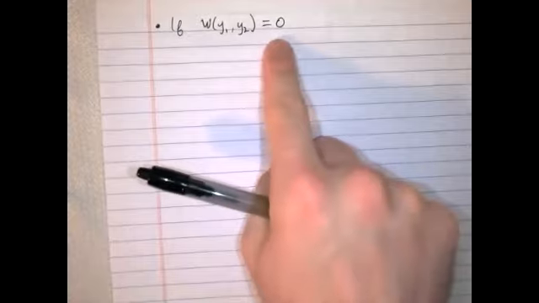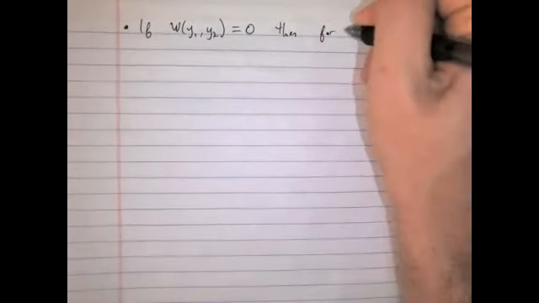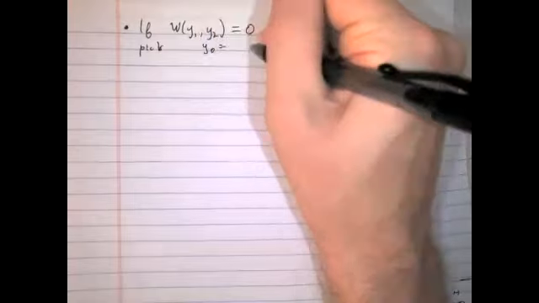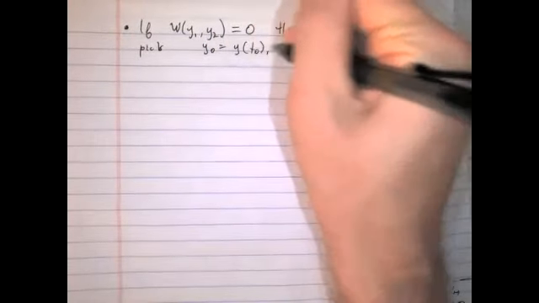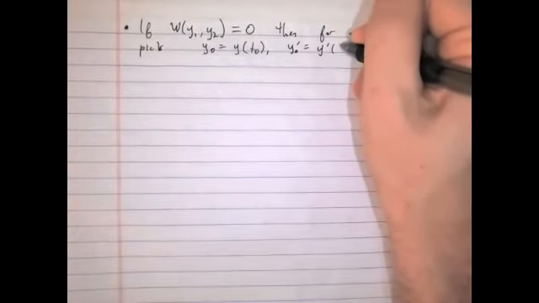There's the other direction to this theorem. If W of y1 and y2 is equal to 0, if the Wronskian is the 0 function, then for any t0, pick y0 being equal to y of t0 and y0 prime being equal to y prime of t0.